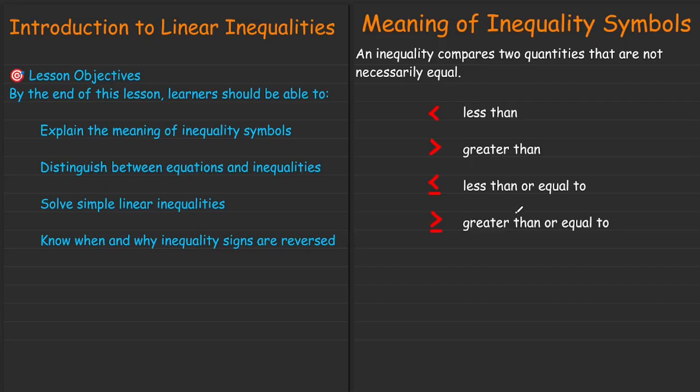So to start with, let's take a variable and let our variable be x. If you have x, which can be any value at all, and I say x is less than, let's say, 5, then what we are simply trying to say is that x isn't a particular value, but a range of values that are all less than 5.